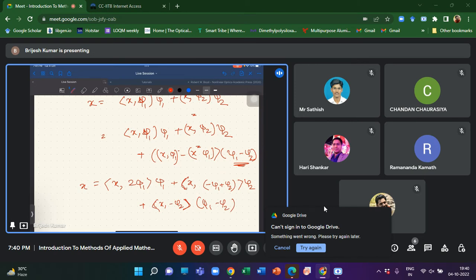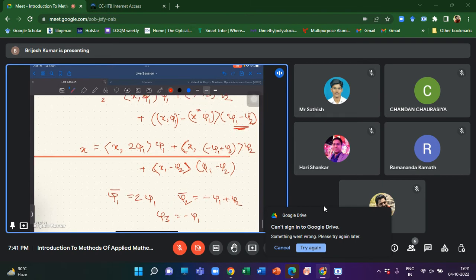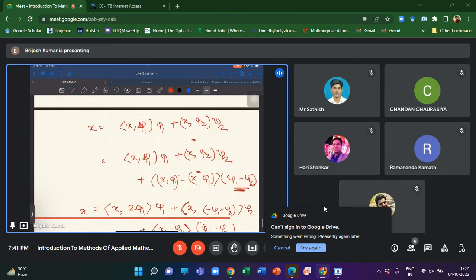Above we can recognize minus phi 1 plus phi 2, and minus phi 3. The vectors inside the inner products we will call phi 1 bar equal to 2 phi 1, phi 2 bar equal to minus phi 1 plus phi 2, and phi 3 bar equal to minus phi 1. So these three can reproduce all the vectors in this space.